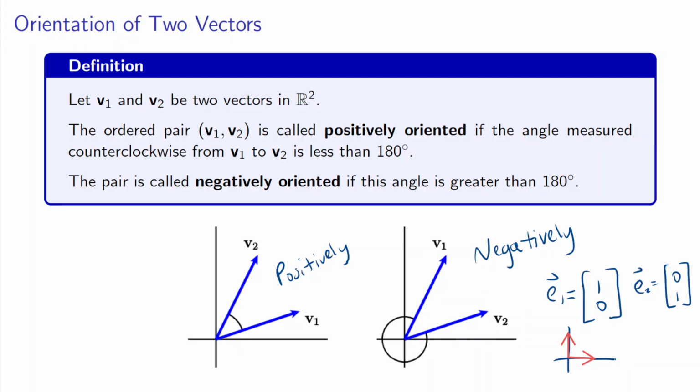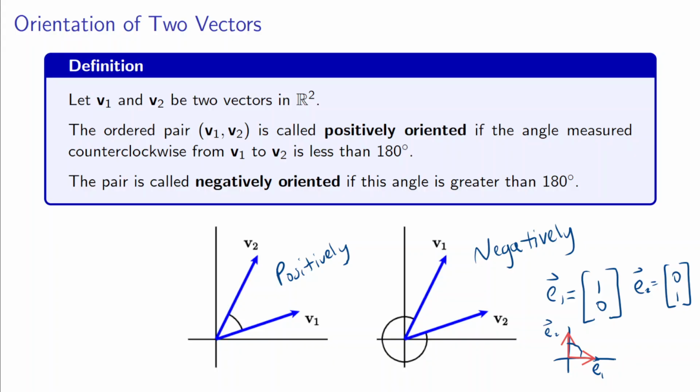And so those are going to be positively oriented, right? So the angle, as we go from E1 to E2, that angle is less than 180 degrees. If A transforms the unit square and transforms those vectors so that they end up being, after they're transformed, negatively oriented, then the determinant we would say is negative.